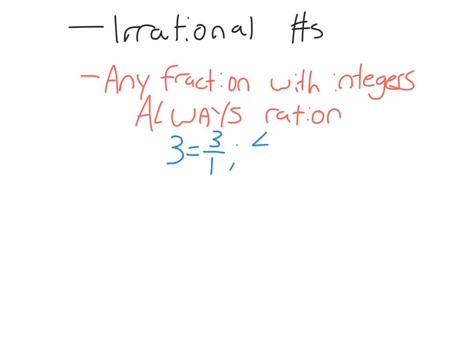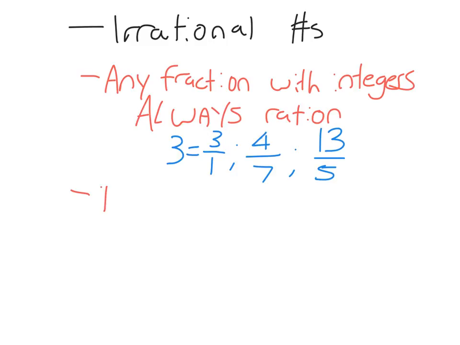So the number 4 over 7, that's a fraction with integers, that's rational. 13 over 5, yes, it's an improper fraction, but it's still a rational number because it's a fraction where the top and bottom are integers.